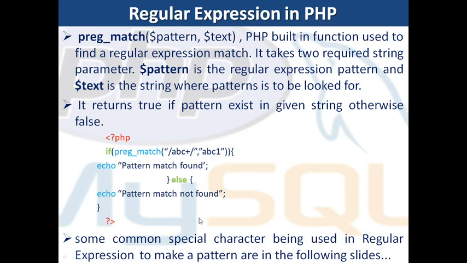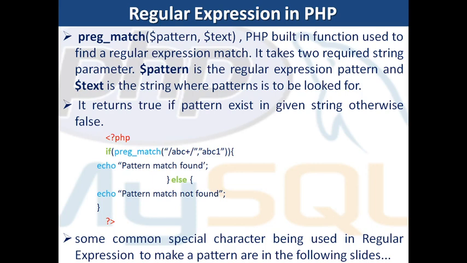Some common special characters, such as plus, or in the earlier slide I used backslash d. So there are some common special characters which are used in regular expressions to make a pattern.